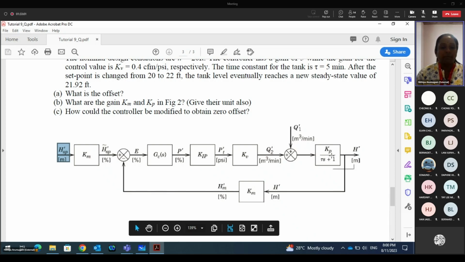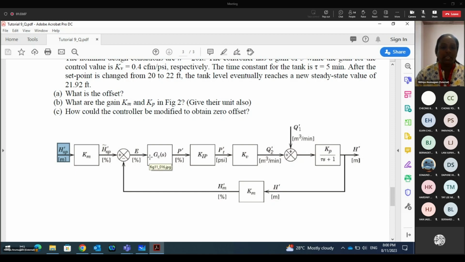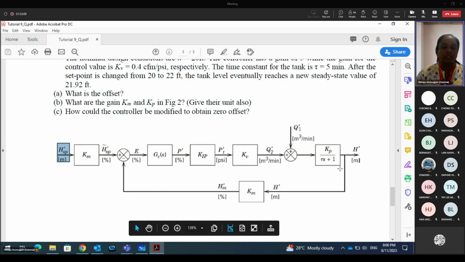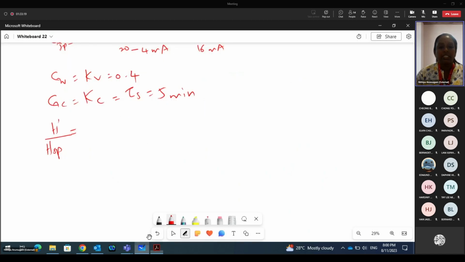So Kp over tau s plus 1, Kv, Kip, Kc, times Km over 1 plus, but here negative sign, so it will become positive, and all the G I mentioned just now.